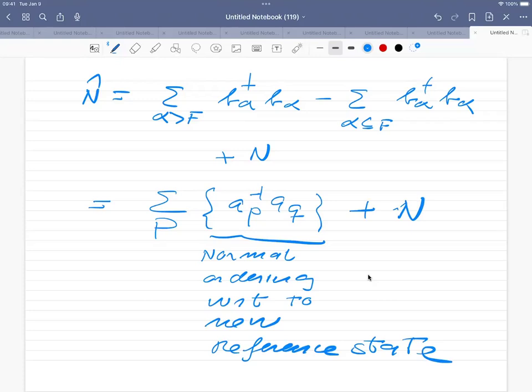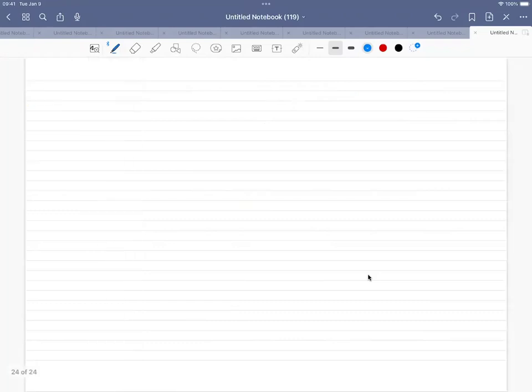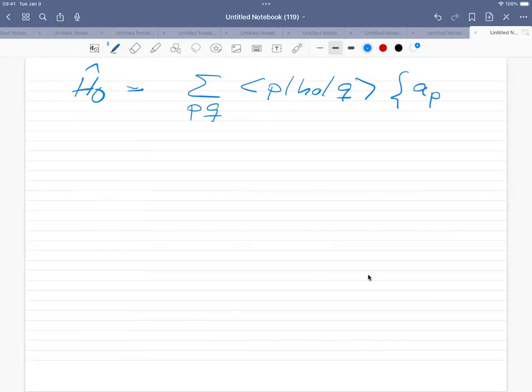We can do the same thing now with the Hamiltonian. So let's just take the one body operator. We are going to rewrite that one, H0, as a sum over P and Q, an integral, where I have the normal ordered product of a P dagger a Q plus this reference energy, epsilon 0.